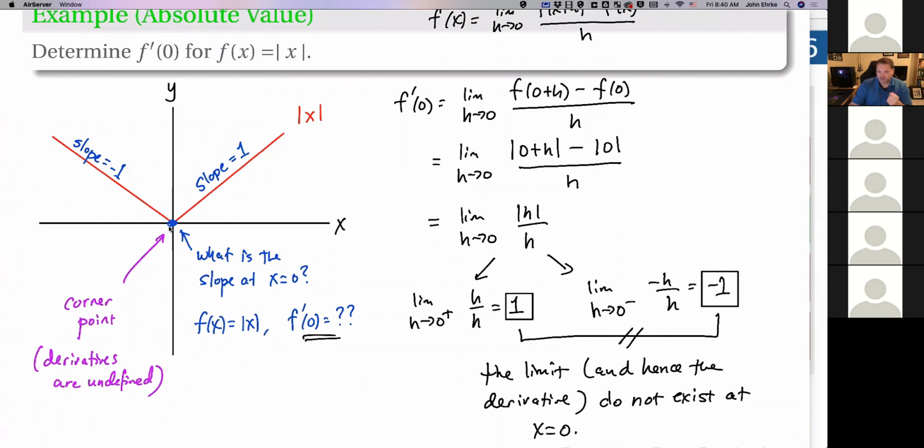I cannot take the derivative, not differentiable at 0. But it is differentiable everywhere else, right? At 1, it has slope 1, so the derivative's 1. At -5, it has slope -1, so the derivative's -1. I can take the slope and hence the derivative anywhere on this graph except at 0. So this function is not differentiable at 0, but it's differentiable at every point other than 0.